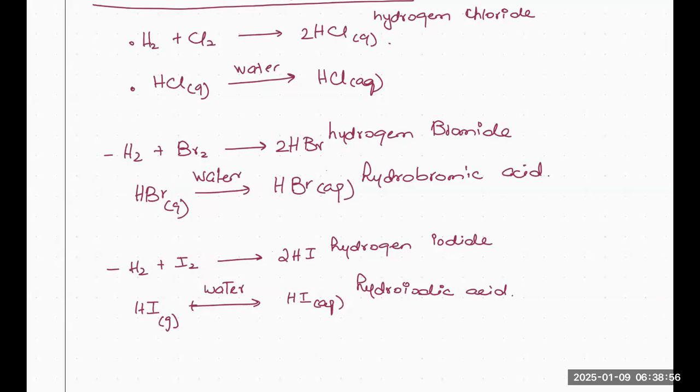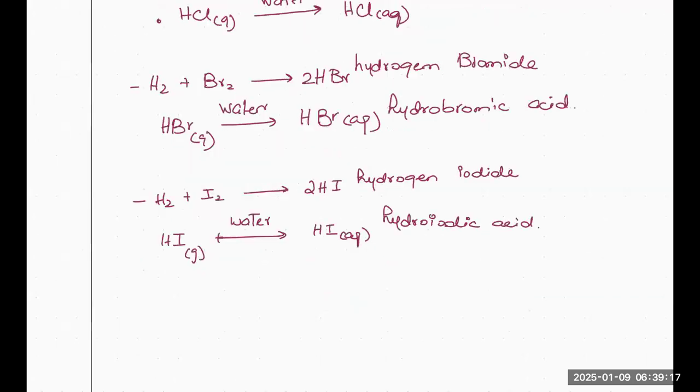Now, when we are talking about our halogens, there are two properties to understand over here. Property number one is that they will react with hydrogen to make hydrogen halide. Okay. So halogens can react with hydrogen to make hydrogen halide.